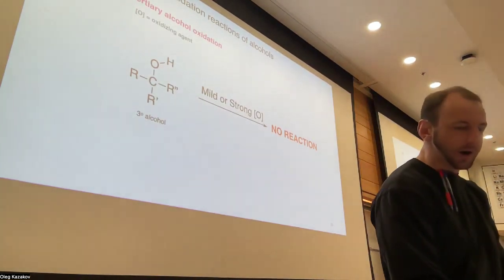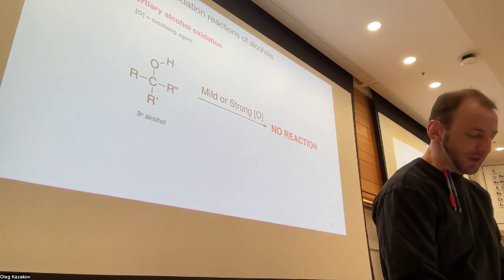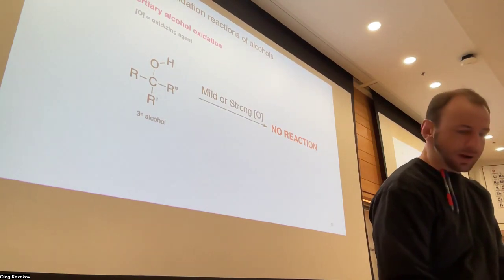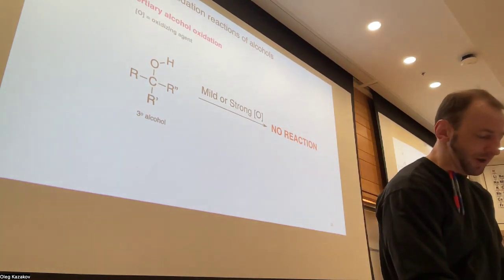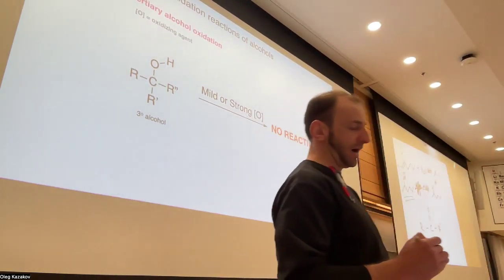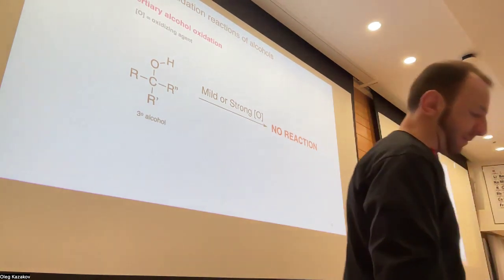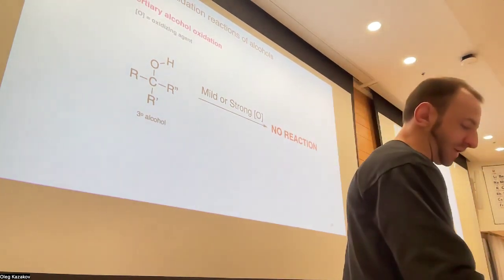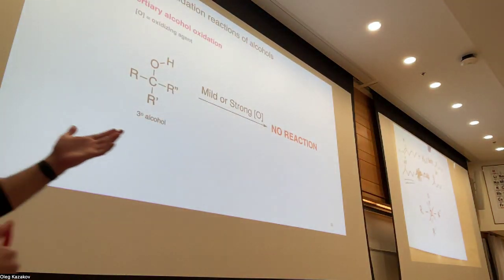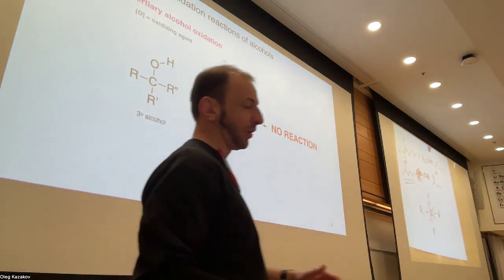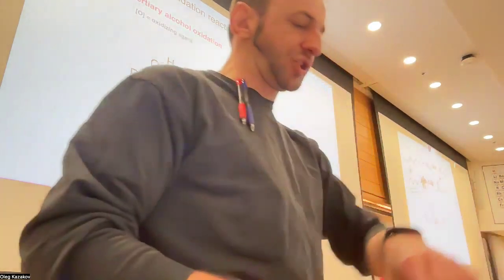You'll have R carbon, another group here, and another one, and theoretically you'd have that. But the problem is that you are going to have a pentavalent carbon, so this will not happen. Consequently, you are going to have no reaction if you have the tertiary alcohol under consideration.